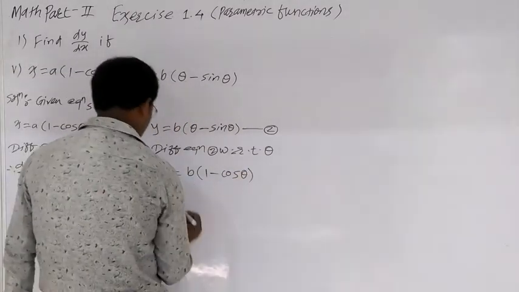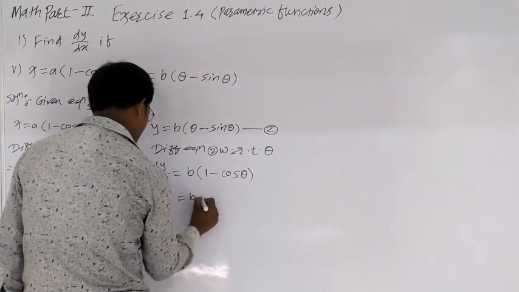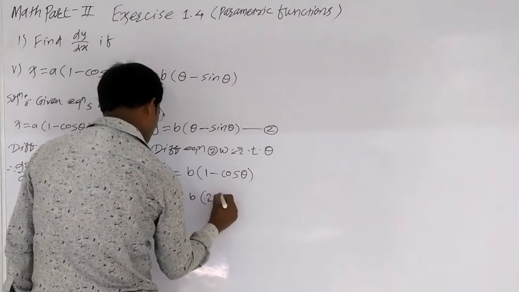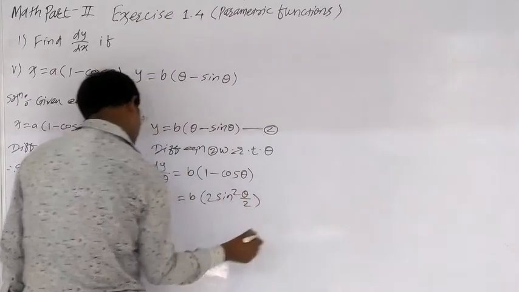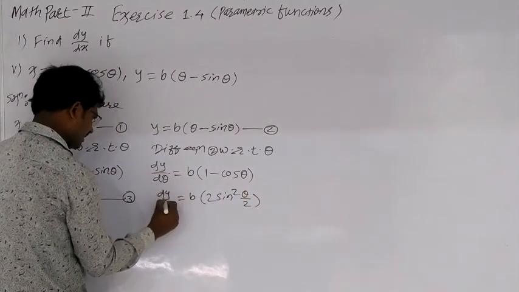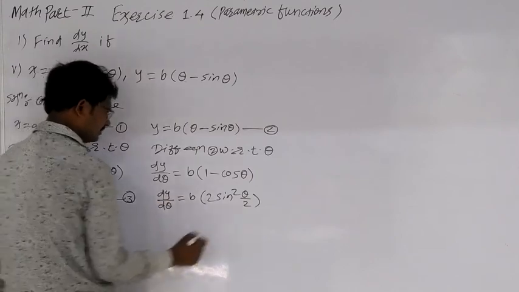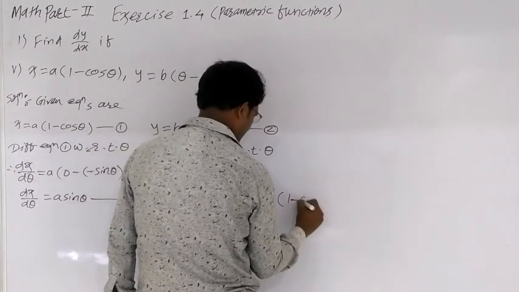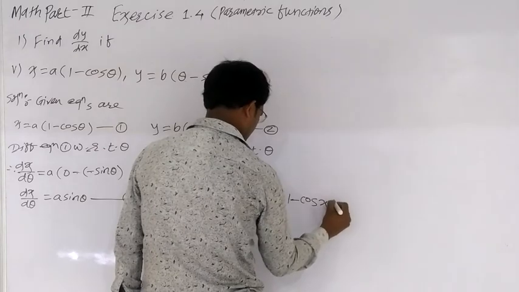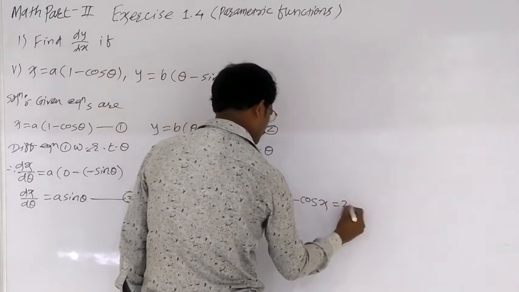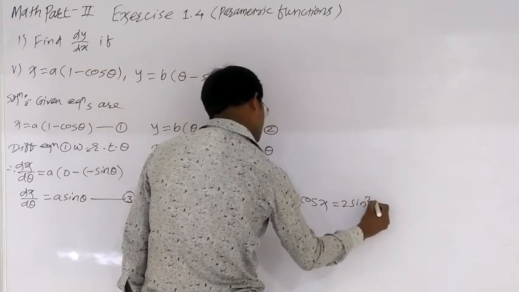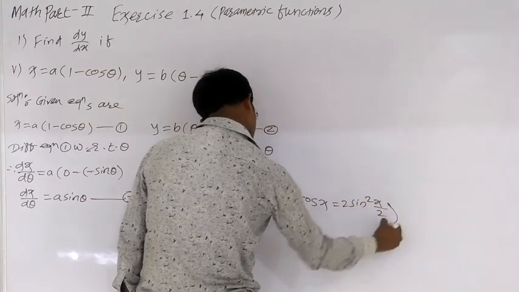So here we can use the formula b into 2 sin square theta by 2, dy upon d theta. Here 1 minus cos x is equal to 2 sin square x by 2. This is the formula.